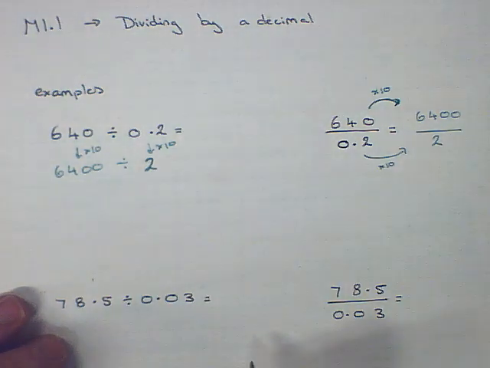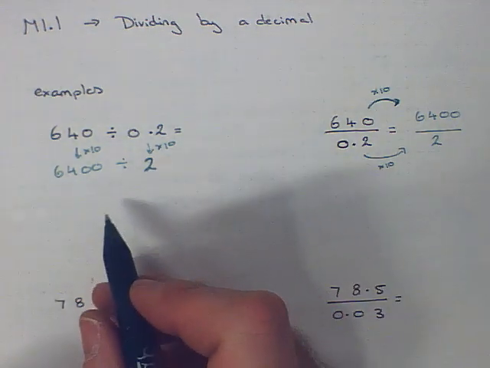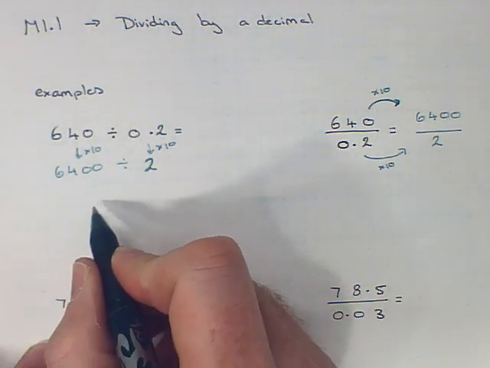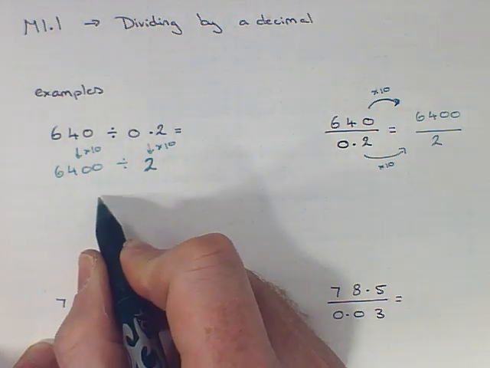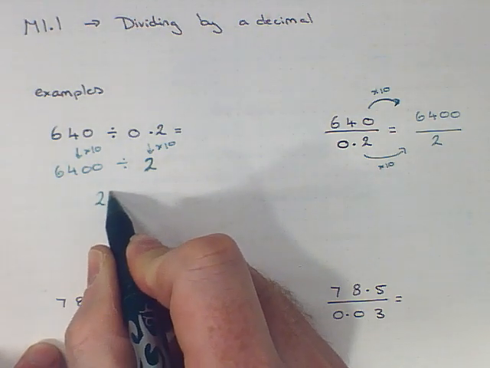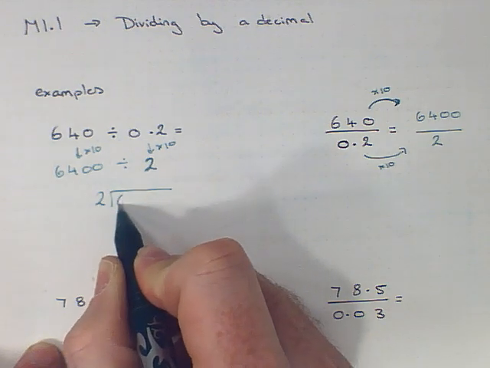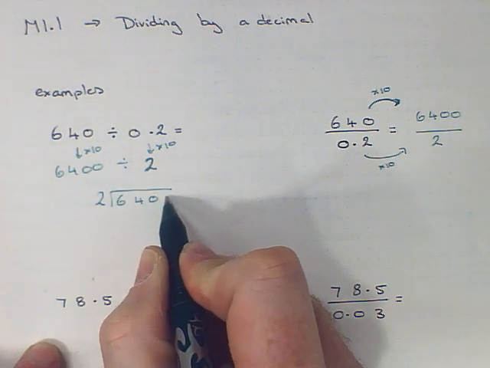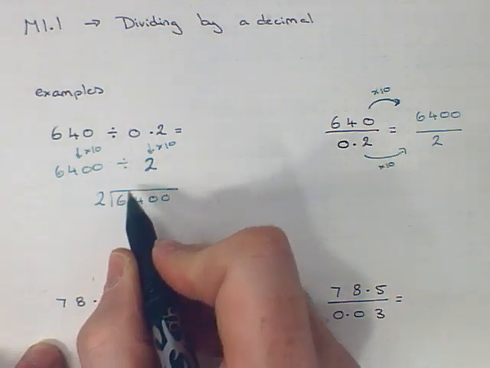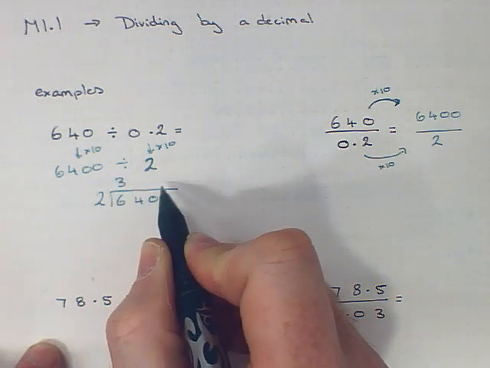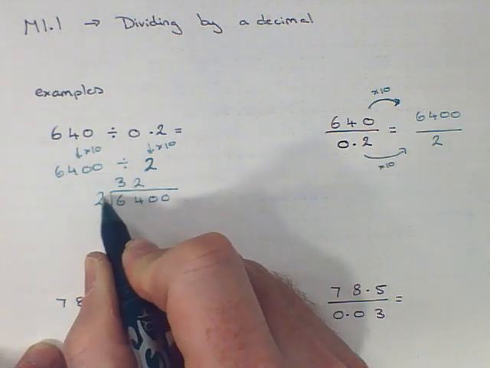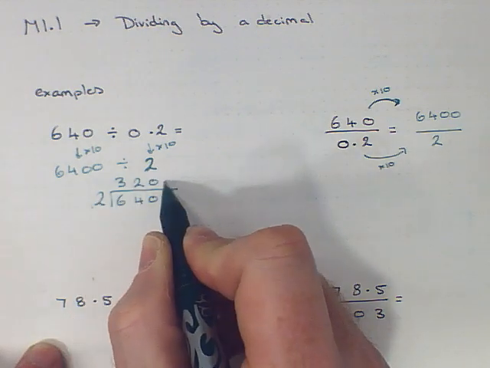2. Now, both methods, on this left one, I'm going to use a bus stop. Okay, now we've been using bus stops since we were in primary school. We're going to keep using the bus stop here as well, because it is a tried and tested method. So 2's into 6 go 3 times, 2's into 4 go twice, no remainders, 2's into 0 are 0, 2's into 0 are 0.